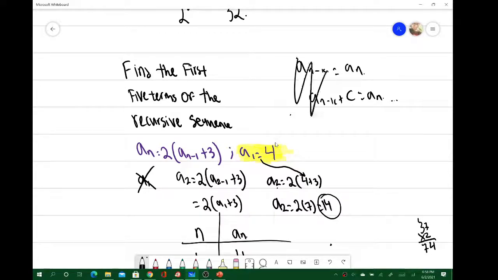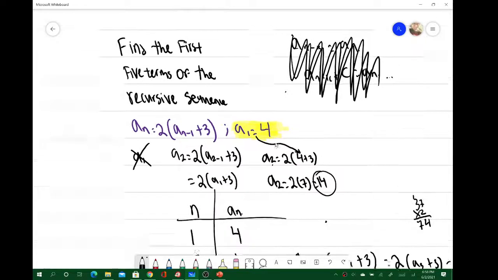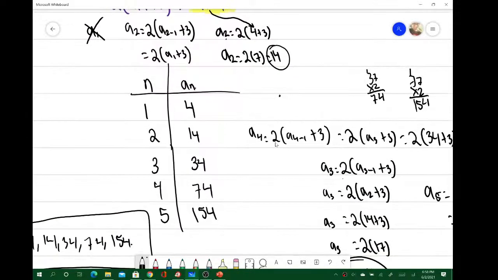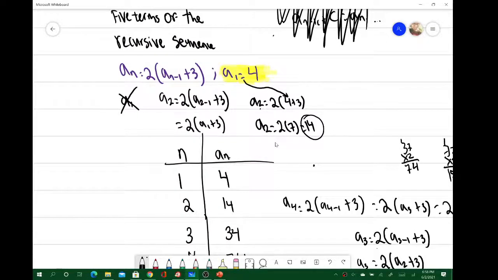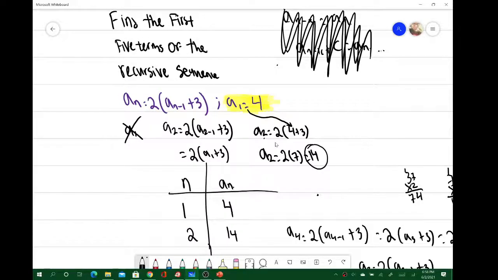But you don't have to remember this form. All you have to do is look at the pattern and think about how to get your second term, your third term, your first term, etc. Like a sub 1, a sub 2, a sub 3, a sub 4, etc. So that's how it works.